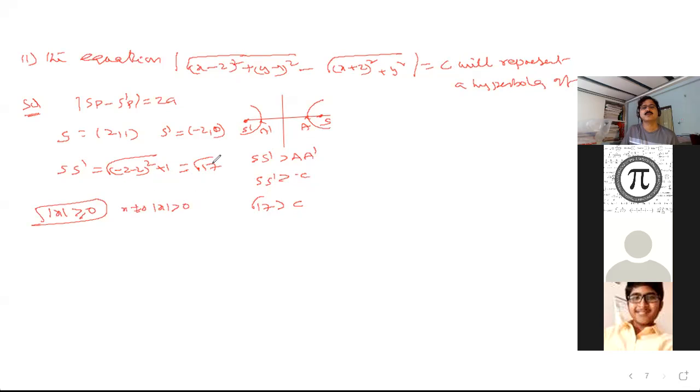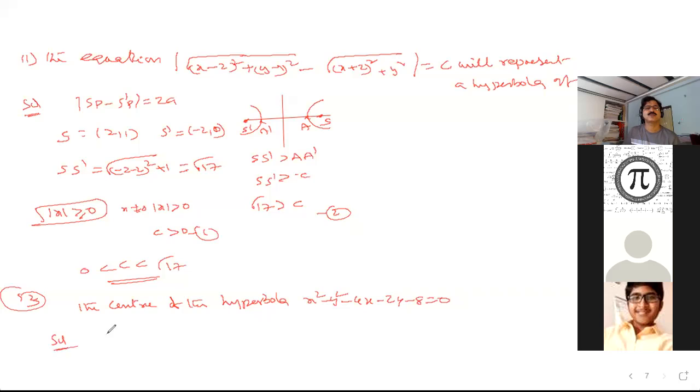So that means C is greater than 0. That is one case. And this is another case. Shall I say that C lies between 0 and root 17? Yes, sir. Okay? Right, sir.